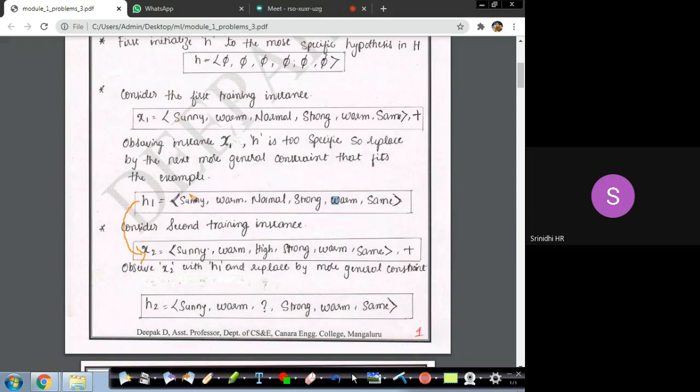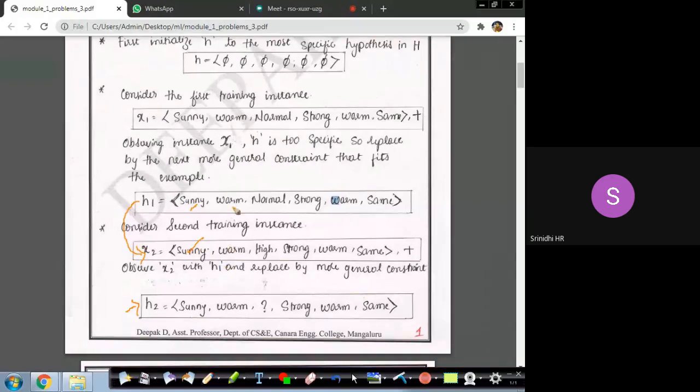My first attribute, both are sunny. So considering x2 with h1, I will determine my hypothesis 2. In hypothesis 2, please start considering your instances. My first attribute is sunny, and here I have sunny, so it will be the same.